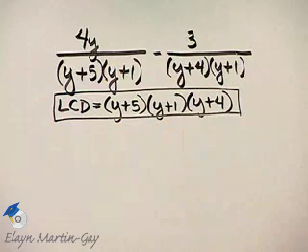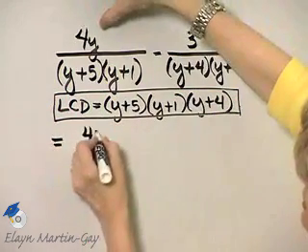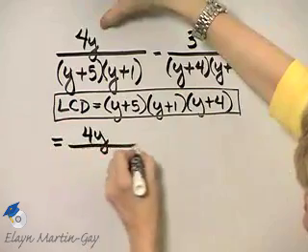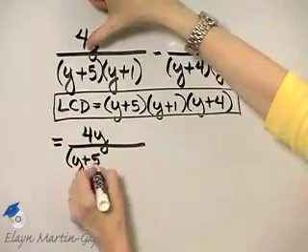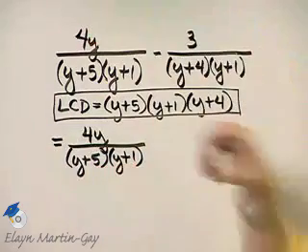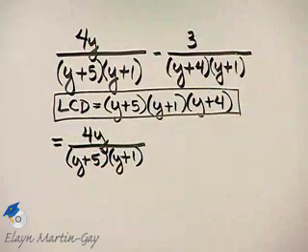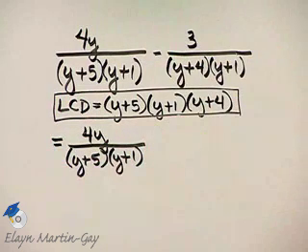Now I need to write each rational expression as an equivalent rational expression, but with this as denominator. So just be very, very neat. I'm just going to write down my first rational expression. What do I need to do in order to write an equivalent rational expression with this as denominator?